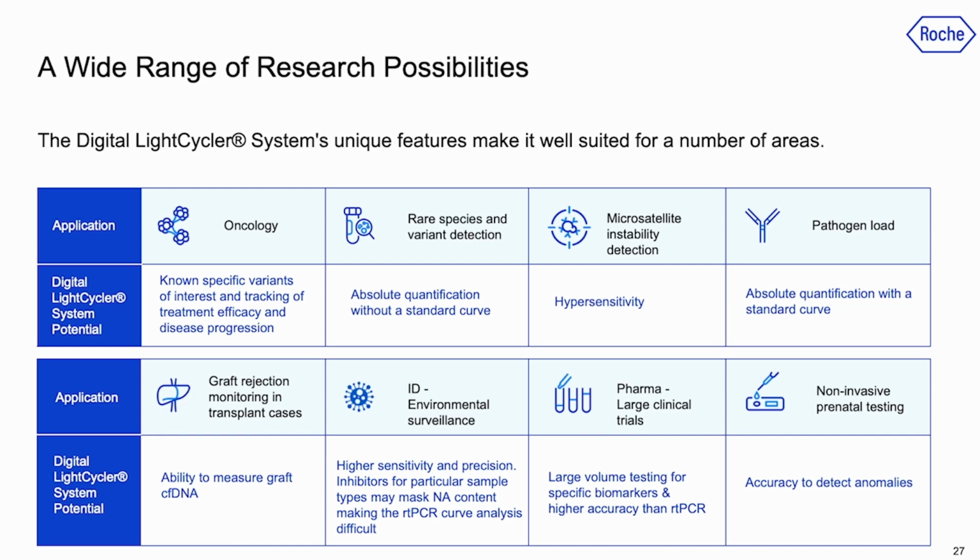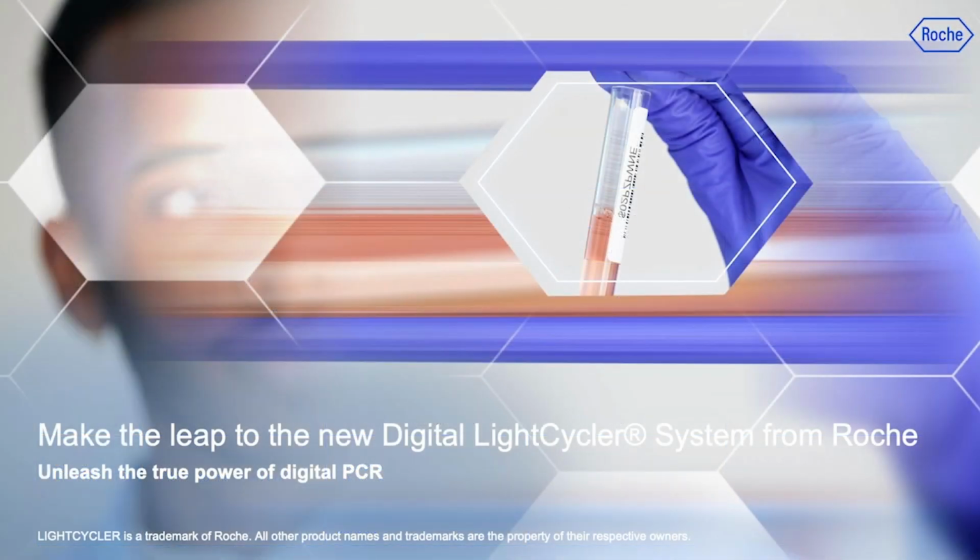The digital LightCycler fits all of these different applications, based on all of the attributes I've walked you through. So we really urge you to make that leap with the digital LightCycler system from Roche and unleash the true power of digital PCR.